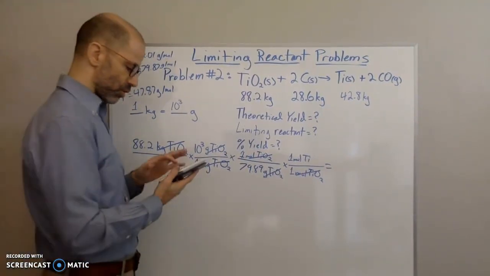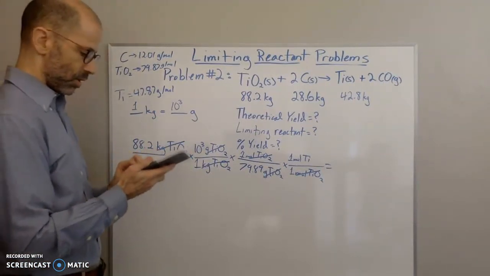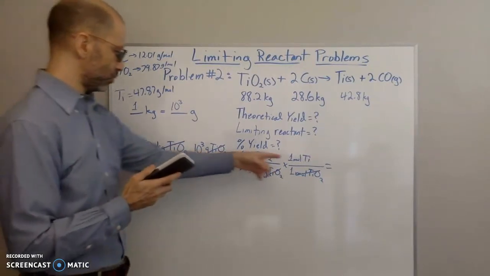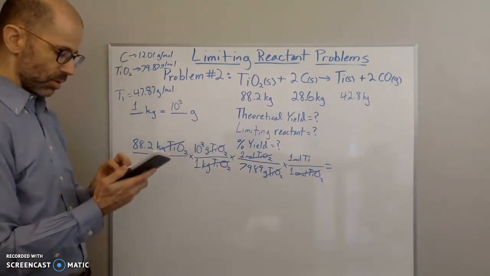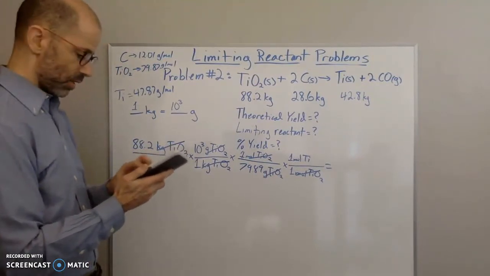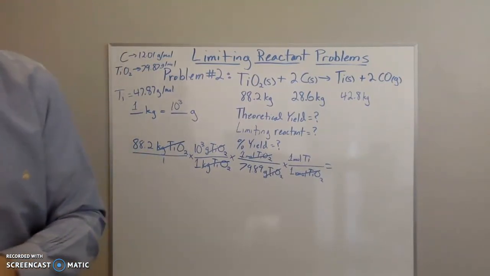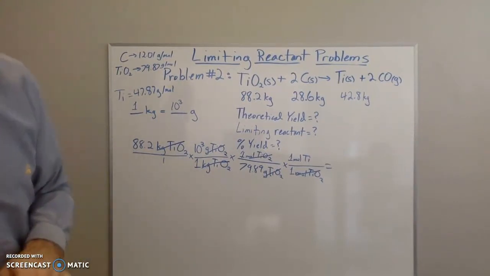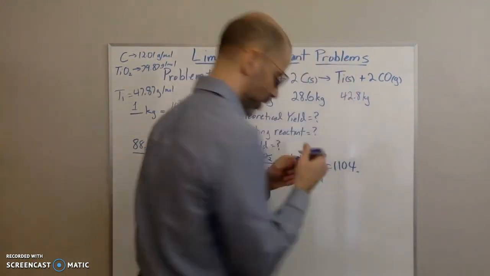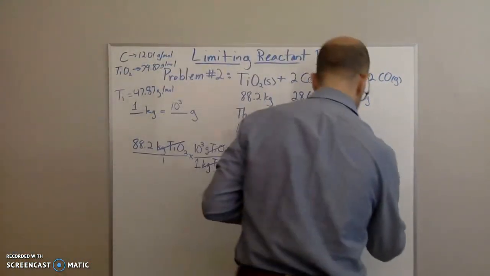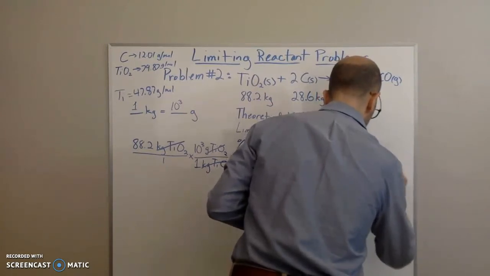Now I can calculate the number of moles of Ti. If I do that really quick, I have 88.2 times 10 to the third, which is 1,000, times 1, divided by 79.89, equals 1104.018 moles of titanium.